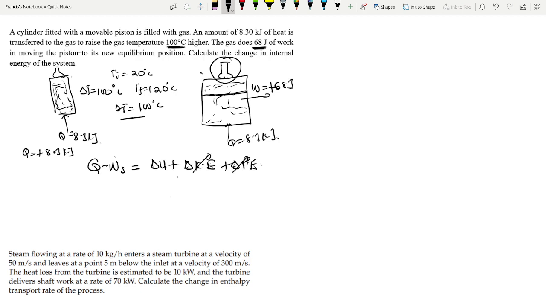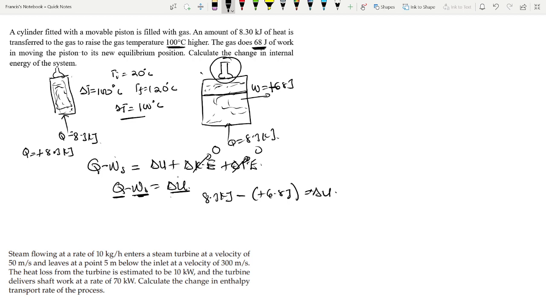We didn't have much information on kinetic energy and potential energy, so they are 0. So Q minus Ws is equal to change in U, where U is our internal energy, Ws is the shaft work done by the system, and Q is our heat. Q is positive, right? So 8.3 kilojoules minus our work, which is also positive, so minus positive 68 joules, is equal to change in U.